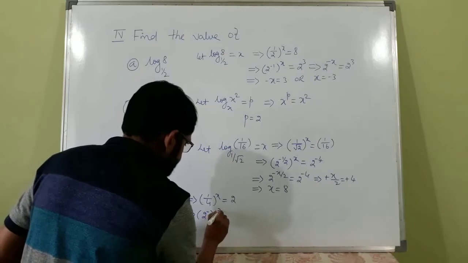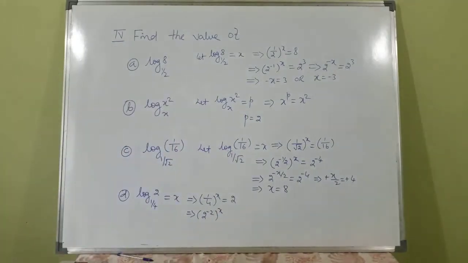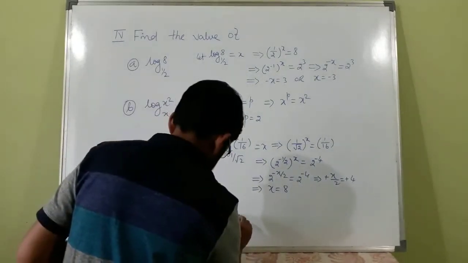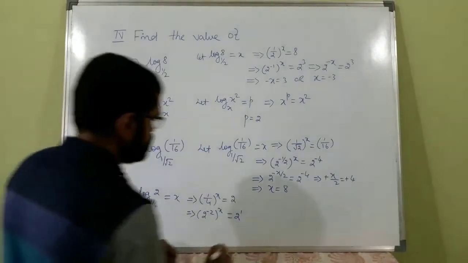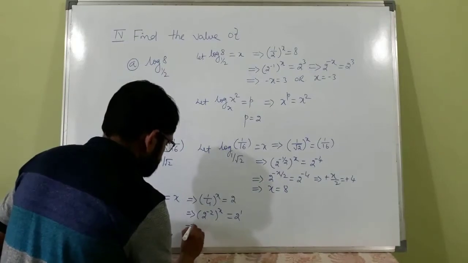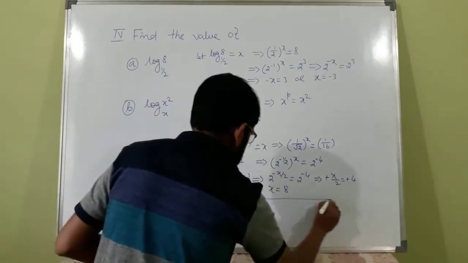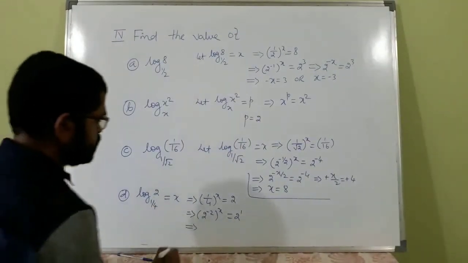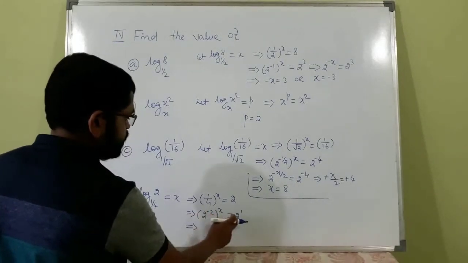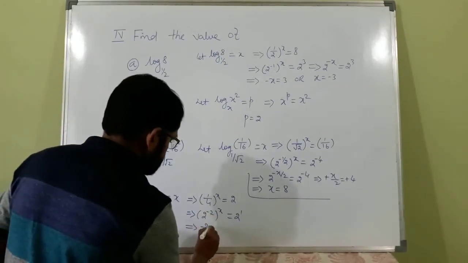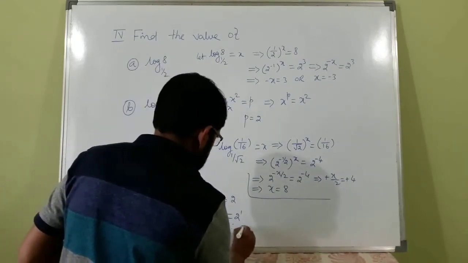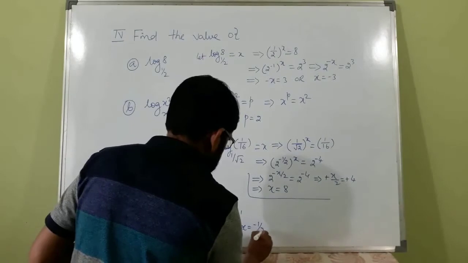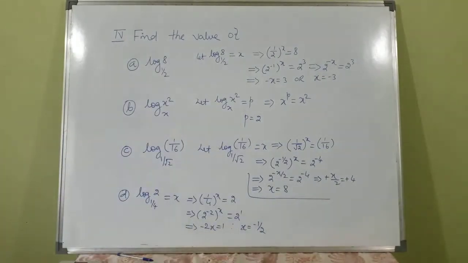I will write 1 by 4 as 2 raised to minus 2, to the power x, equal to 2 to the power 1. So what does this imply? Bases are the same, so minus 2x is equal to 1, therefore x is equal to minus half.